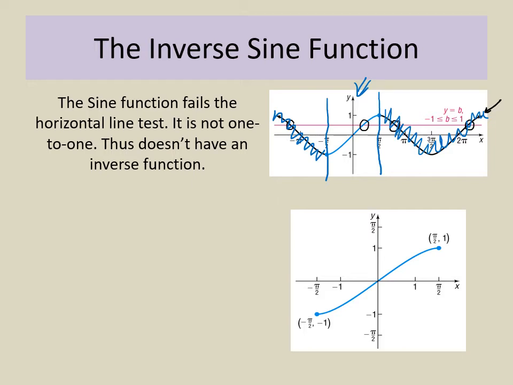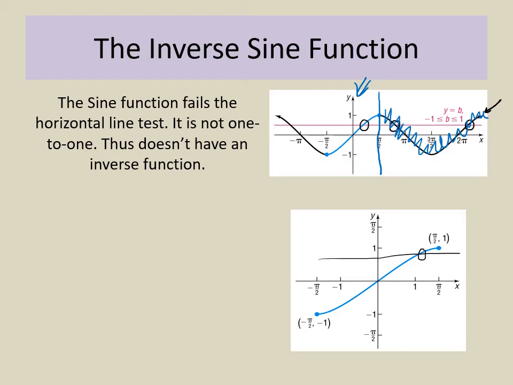So now any horizontal line is going to cross the function at only one point, okay? And this restricting of the domain of the sine function enables us to find an inverse function that is defined for the sine function, okay?